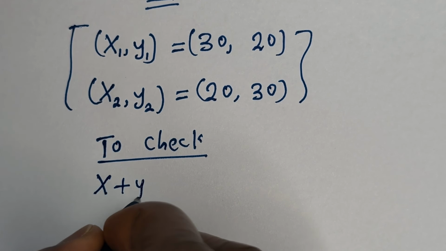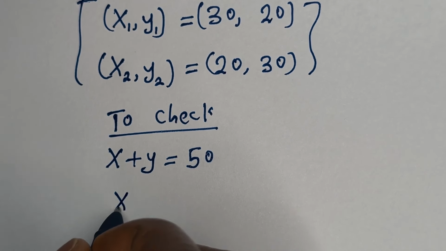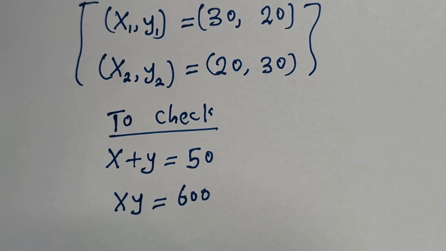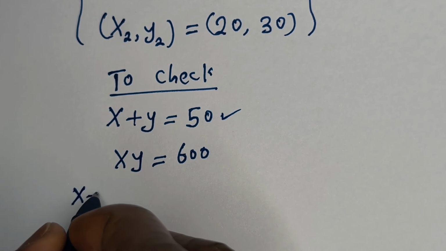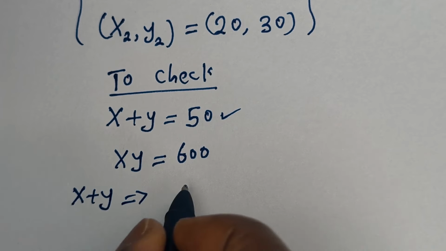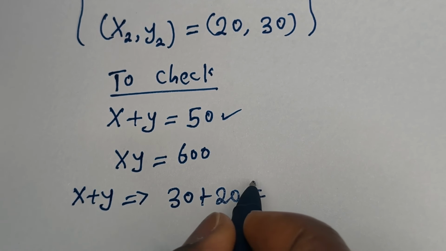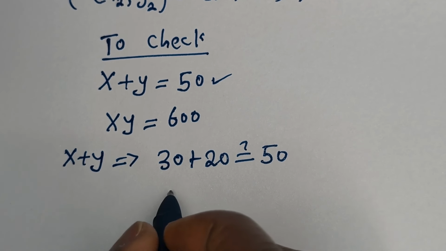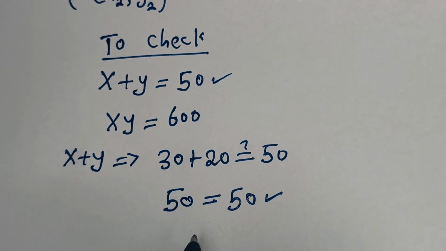x plus y is equal to 50. xy is equal to 600. Now, let us consider this. x plus y, this is the same thing as 30 plus 20, must be equal to 50. Then 30 plus 20, this is 50, is equal to 50, which is true.